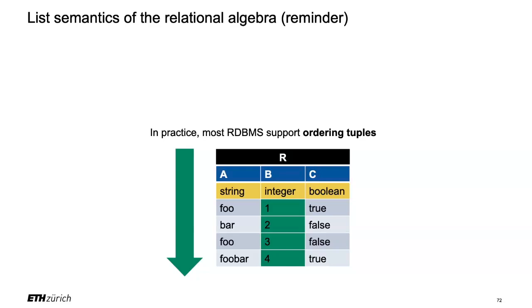Because the order matters. In fact, PostgreSQL also supports the list semantics. It's able to order the tuples in a specific way. The idea is basically that unless you explicitly ask for an order, PostgreSQL is going to be in bags semantics, bags of tuples. But the moment you ask it to sort, it's switching over to list semantics. That's the idea.